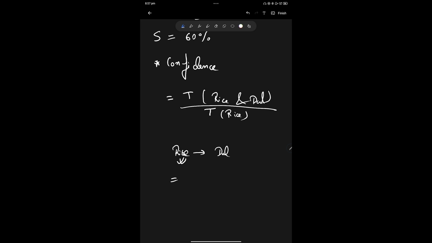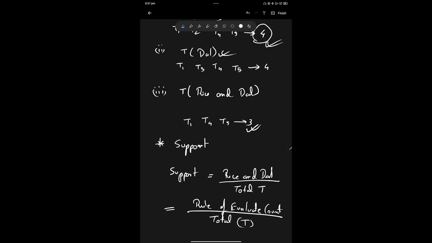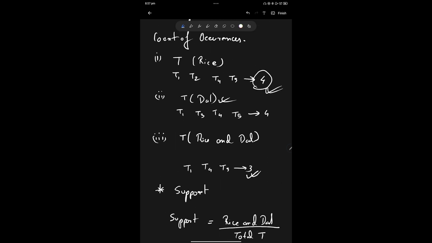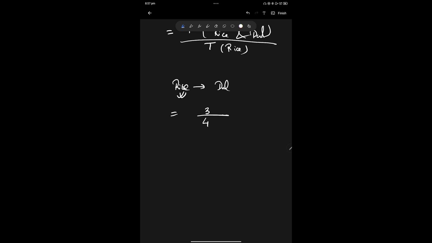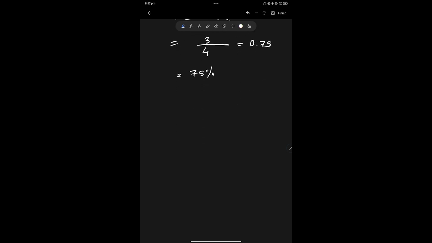The value for rice and dal we already know is 3, and if you scroll up, you will see that the transactions of rice is 4. So we can write 3 by 4. What value are we getting? 0.75. So that is 75%, right?